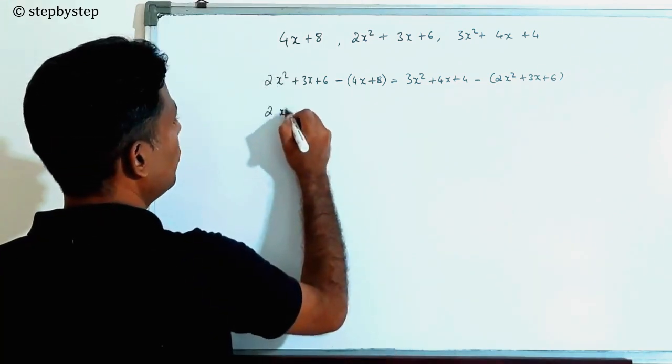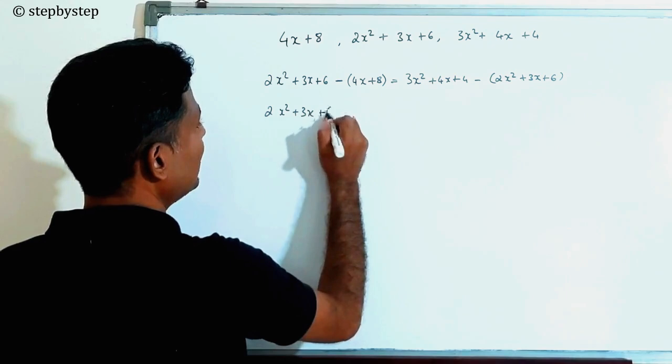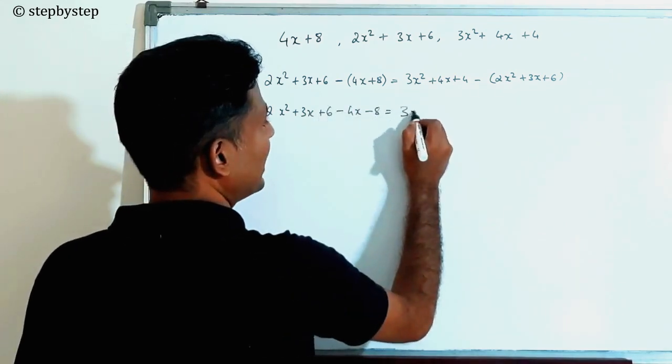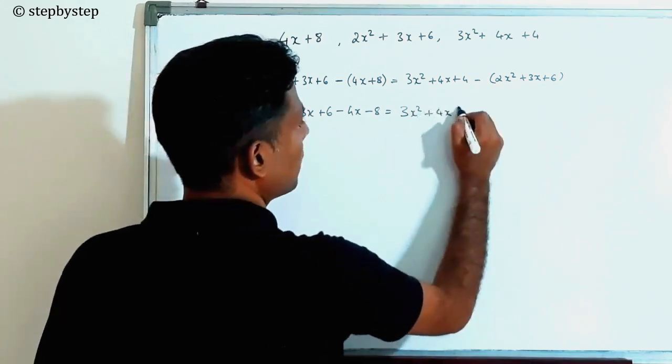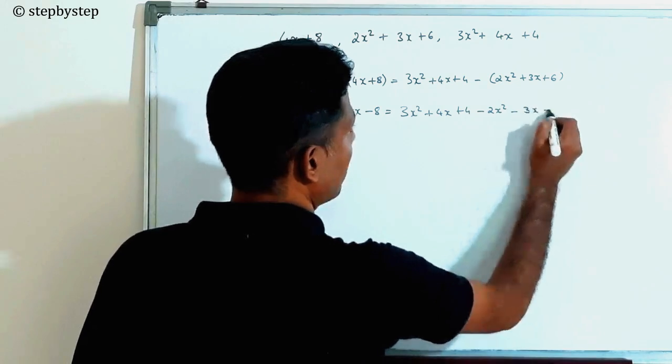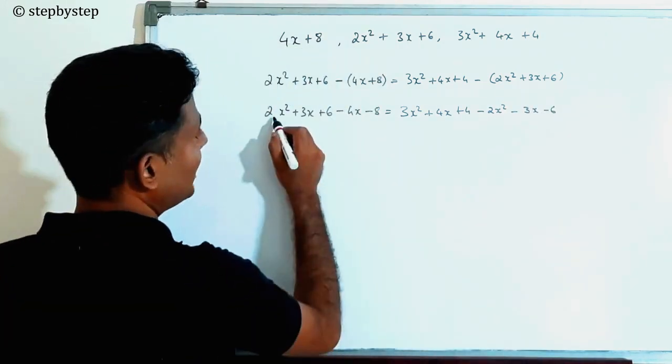Now we have 2x square plus 3x plus 6 minus 4x minus 8. And here 3x square plus 4x plus 4 minus 2x square minus 3x minus 6. Now like terms.